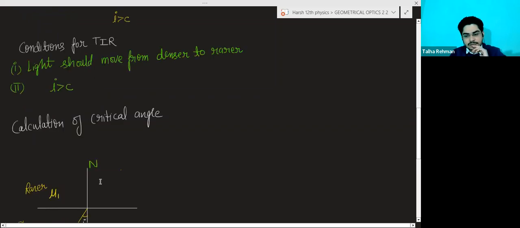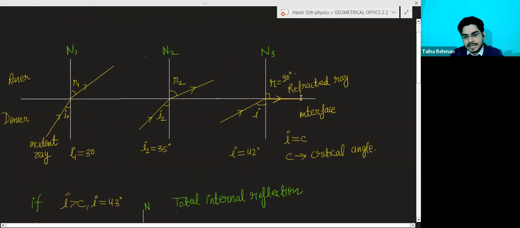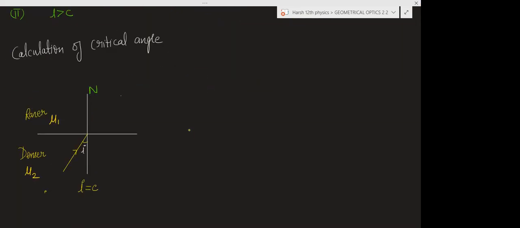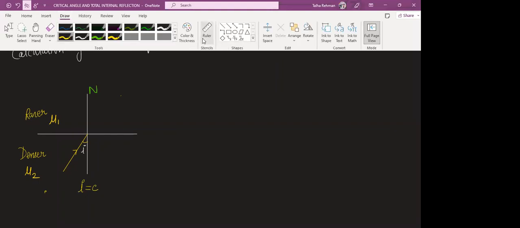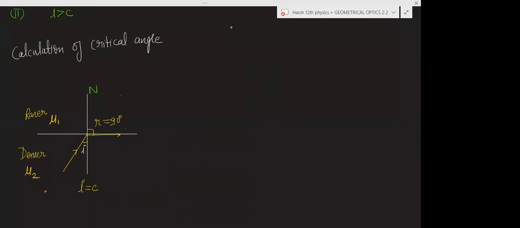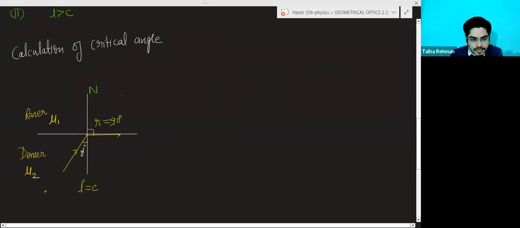If this is the critical angle, the refracted ray will be like this, moving along the surface. So if the refracted ray is like this, the angle of refraction becomes 90 degrees. And we want to calculate this angle I, or you can say the angle C.